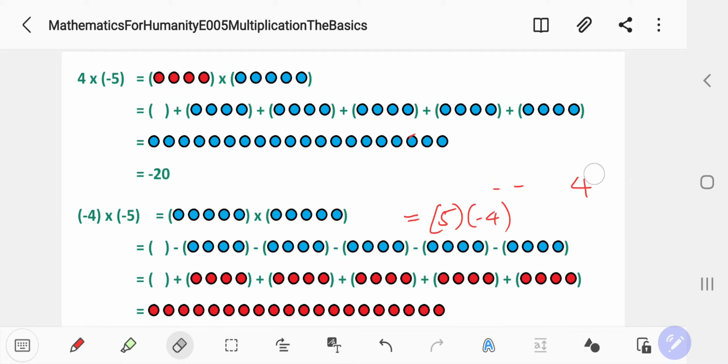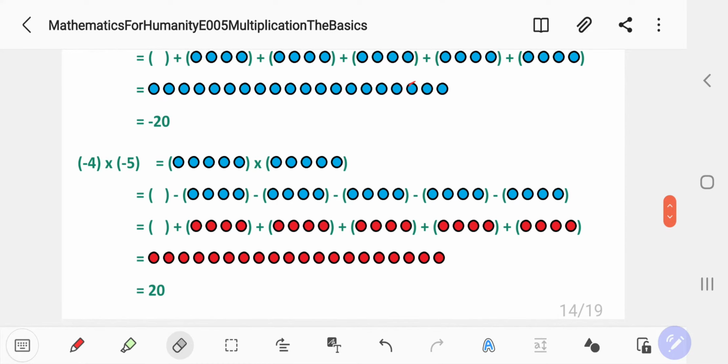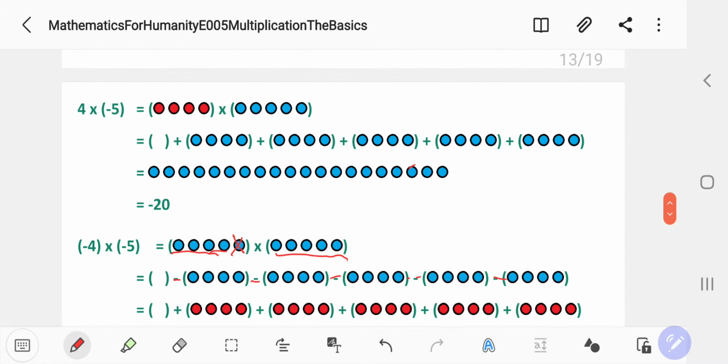And then you have negative 4 times negative 5. Here you have, sorry, it's supposed to be 4, only 4, and then you have negative 5 here. Since you're multiplying by negative 5, that's minus, minus, minus, minus, and minus here. But if you change the sign here, you have to change the color, just like what we did here.